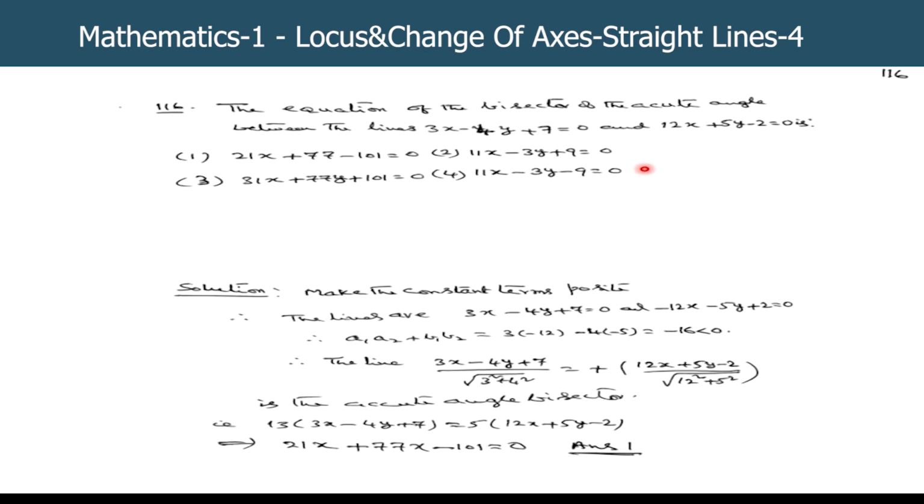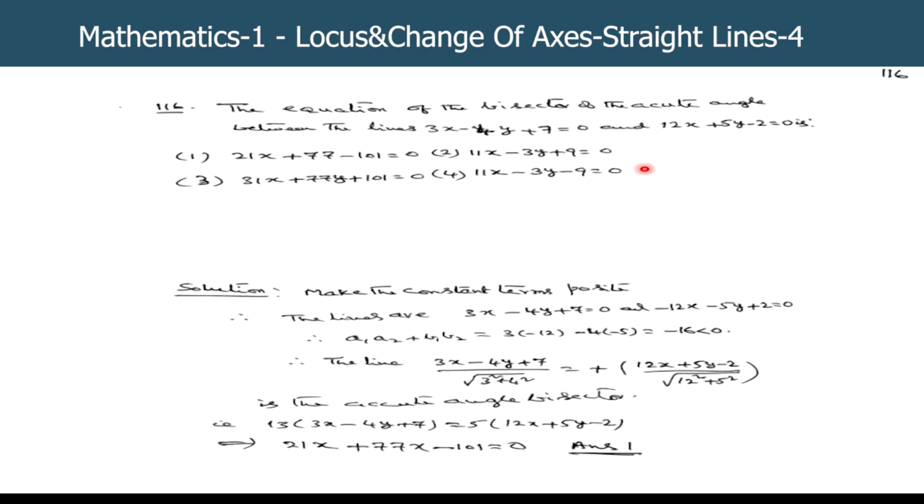Suppose a1x plus b1y plus c1 equal to 0 and a2x plus b2y plus c2 equal to 0, and c1 and c2 are both positive. Then in the bisector equation formula, if you take the plus sign, that always represents the acute angle bisector, and with the minus sign it always represents the obtuse angle bisector.